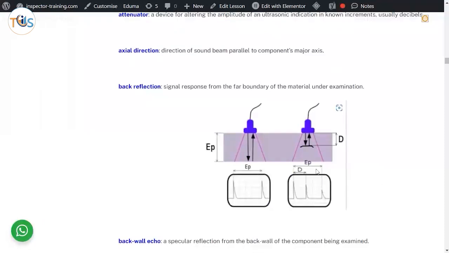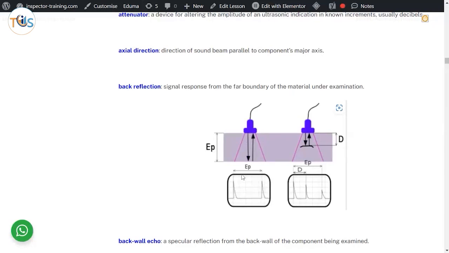And back reflection is when a sound wave hits and comes back. So this is a single 0 degree or normal probe, or compression probe, and you can see you get two responses here. The first response is the initial reference, and the second response is the same height but at a distance here.